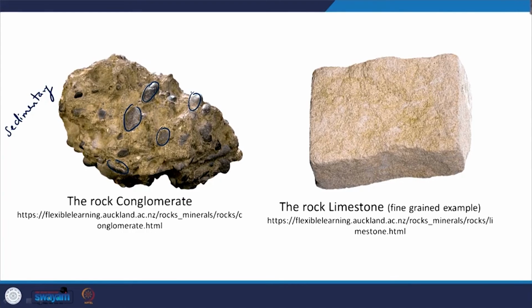It is a coarse grained rock where the grain size is more than 2 millimeter. Hardness varies from soft to hard. It depends on clast composition and strength of cement. Color is variable. It depends again upon the clast and the matrix composition.